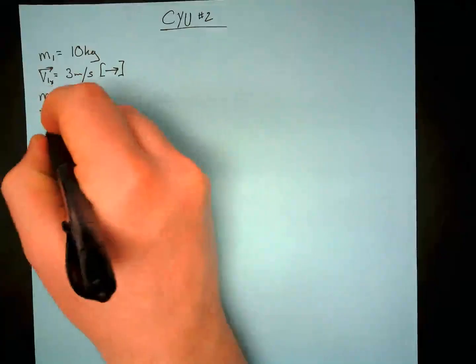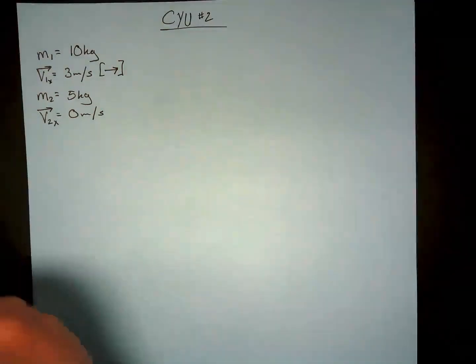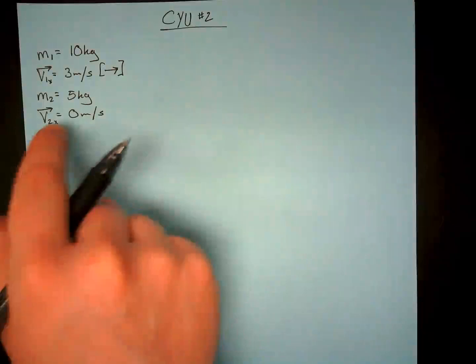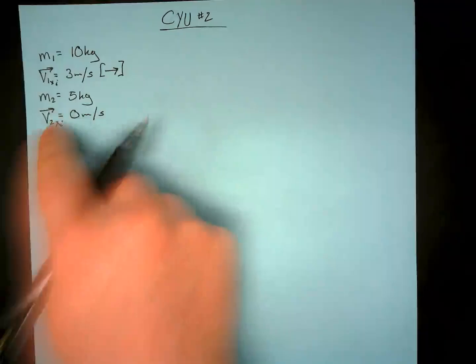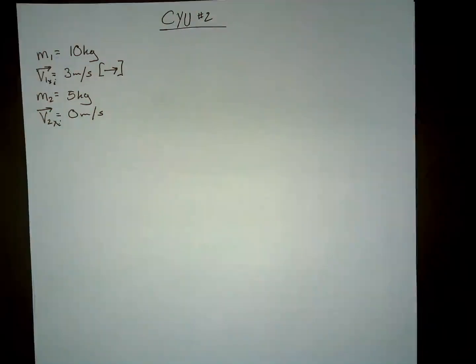Just to be aware, it's going to get quite confusing with all these subscripts, so it's best to keep these as similar and same as possible, and I'm going to try my best to keep them the same as much as I can. So just bear with me if I accidentally go off or if I mislabel something. Okay, so these are initial, as well. So here we start off with this.